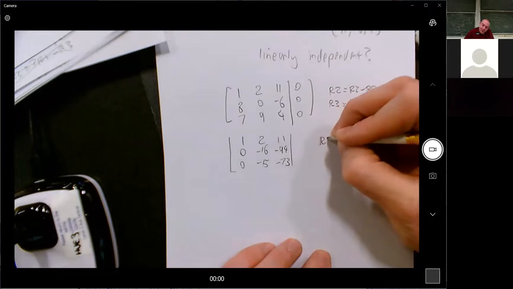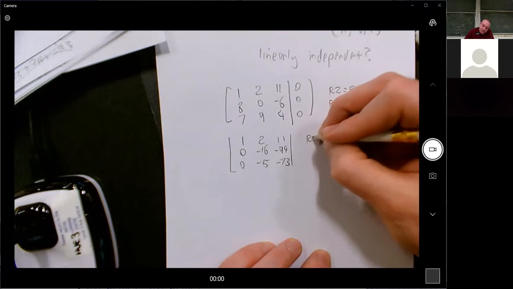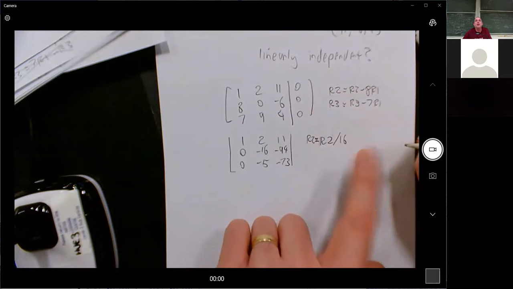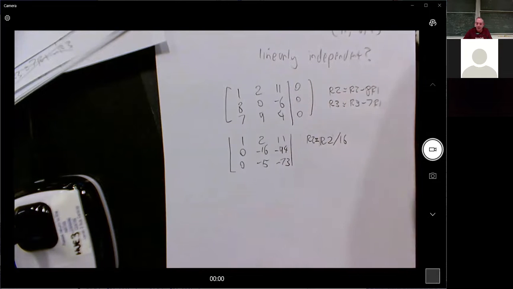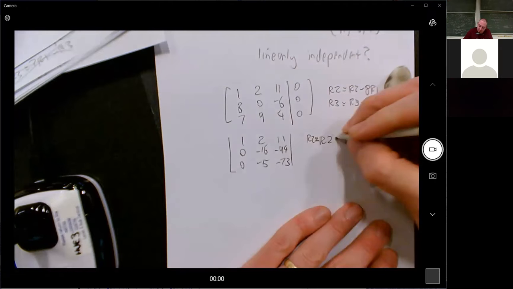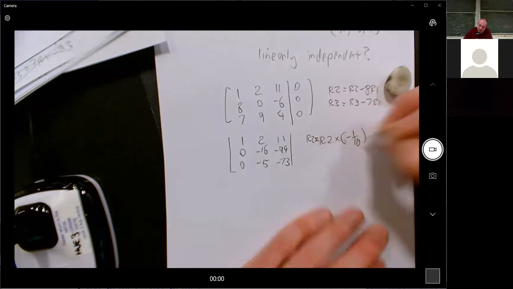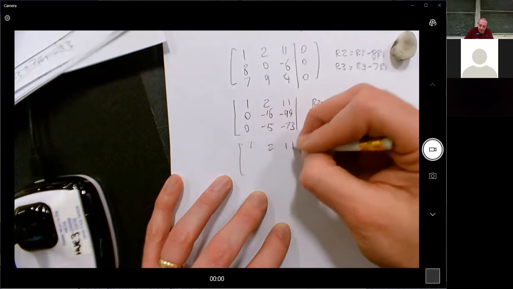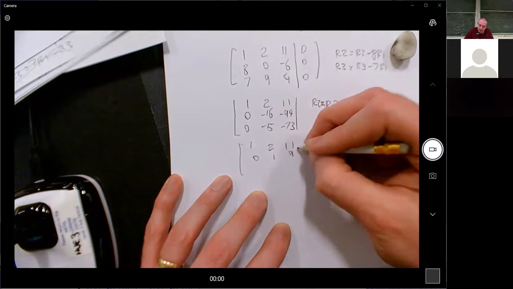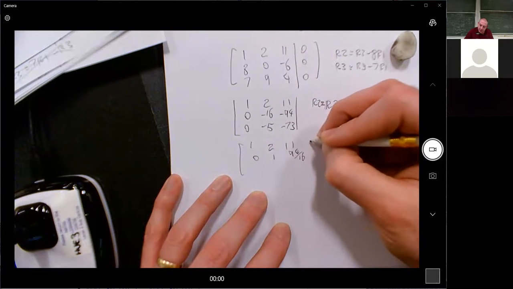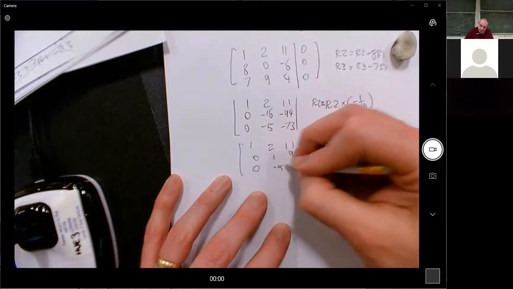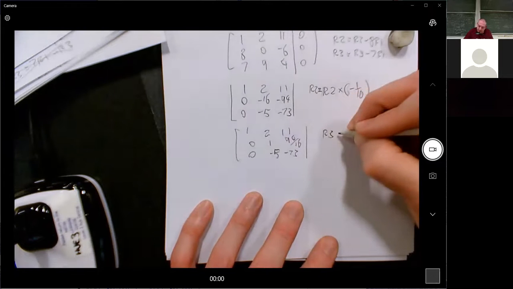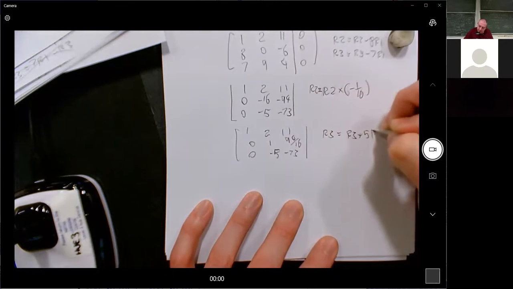and I'm going to divide row 2 by 16. So technically you're not supposed to divide by a number, but it's the same as multiplying it by 1/16, so that's okay. And actually, I really need to multiply it by minus a 16th to make a 1 in that spot. Whatever 94 on 16 is, okay, and then I'll do row 3 is row 3 plus 5 of row 2.